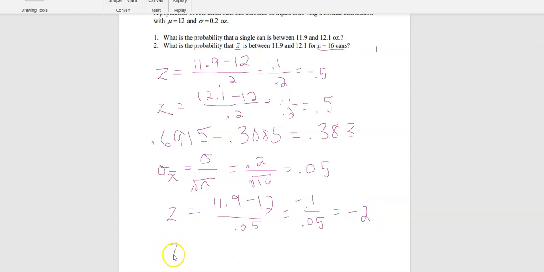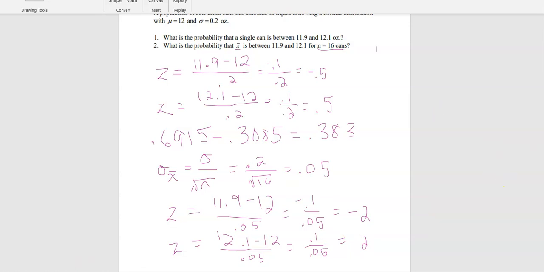And then let's do the 12.1, and then we'll look them both up. This is going to give us 0.1 over 0.05, or positive 2. So we're going to look up negative 2 and positive 2 on our standard normal table.